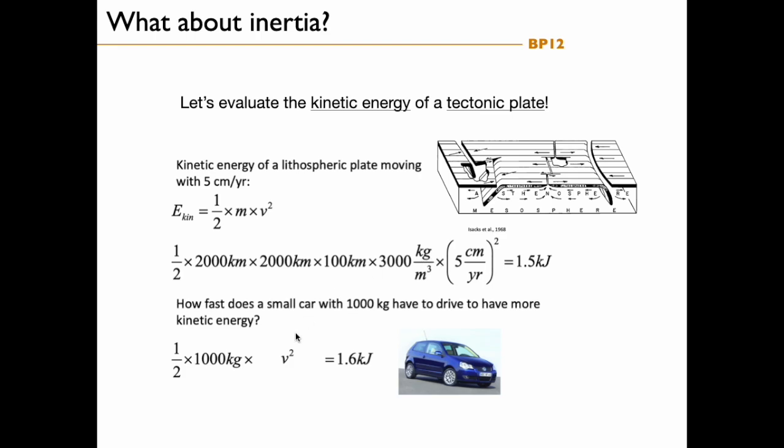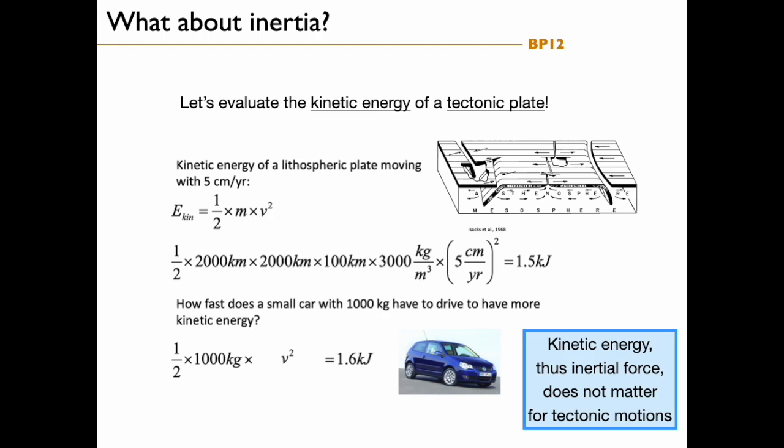So one can solve for the velocity here using 1 ton and 1.6 kilojoules. It's the square root of 2 times 1.6 kilojoule divided by 1000 kilos, and that's 6.43 meters per second. So it's really not a lot. In a way, this indicates that the kinetic energy and the related inertial force do not matter for tectonic motions.